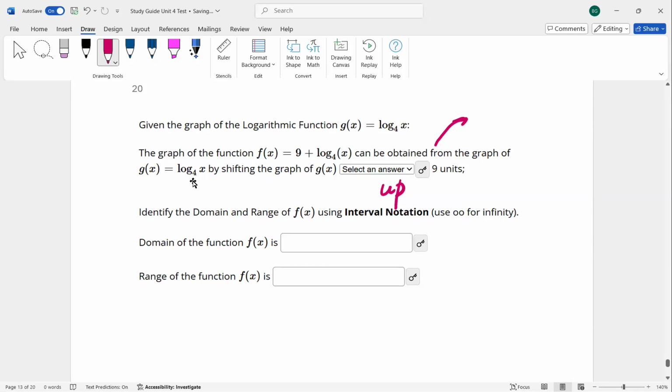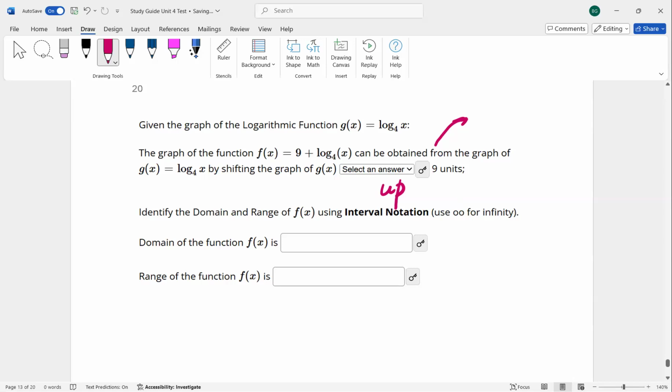We can get the graph of f by shifting the graph of g upward 9 units, because plus 9, right?